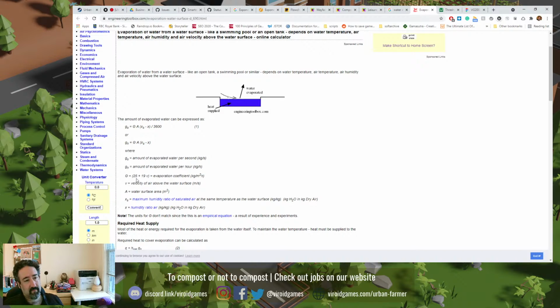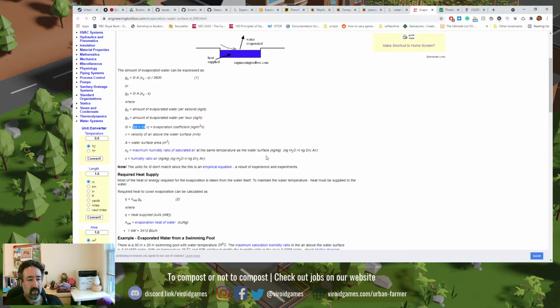Therefore, V is not accelerating this evaporation. Because the lower the V, the lower the theta value will be, and the slower the evaporation will be. So we could do that. What is this hard coded 25 plus 19 though? That's what I don't get. Some magic.